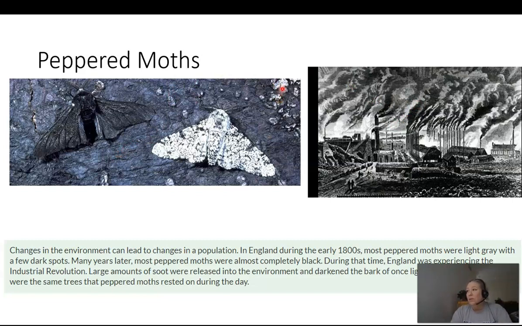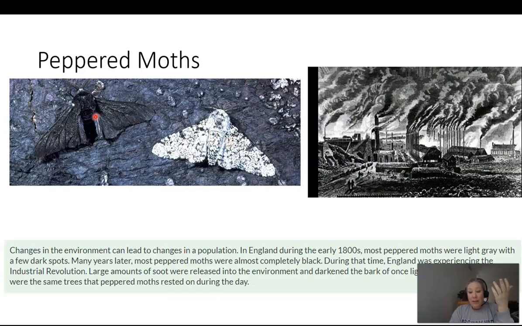So the tree bark, which used to be light, now becomes darker. Well, that didn't really work out well for the light colored moths, right? Because originally the light colored moth could land on the tree, it could rest there all day, and it was camouflaged when the tree bark was light, but the tree bark got darker, and so this moth was no longer camouflaged.